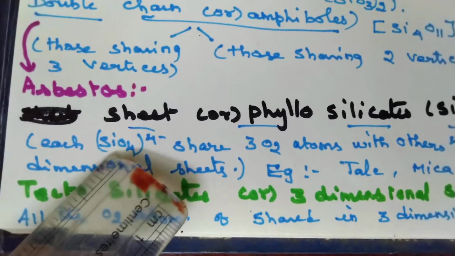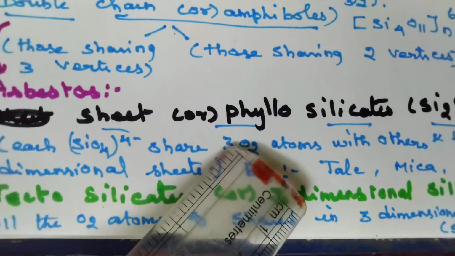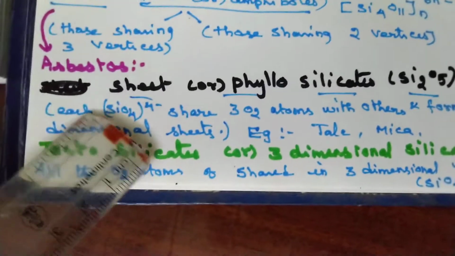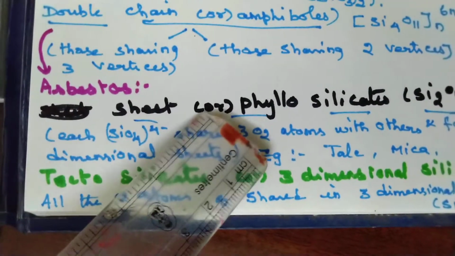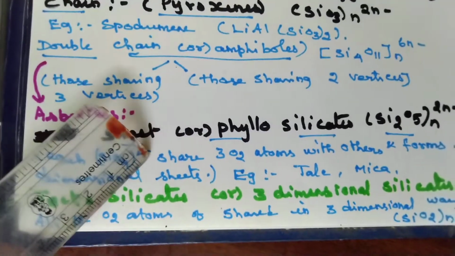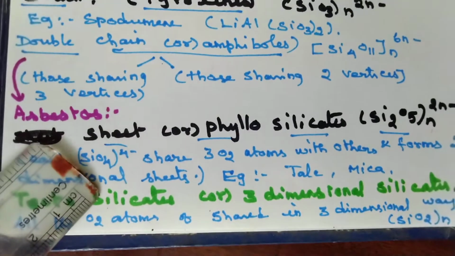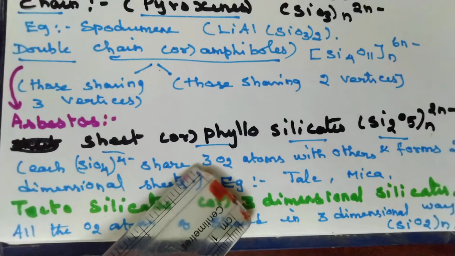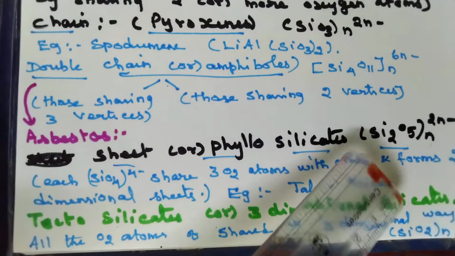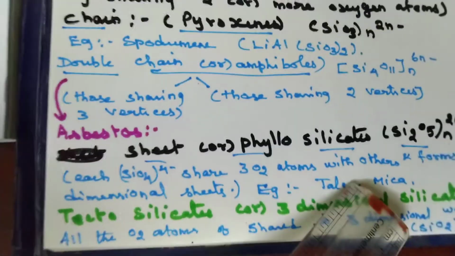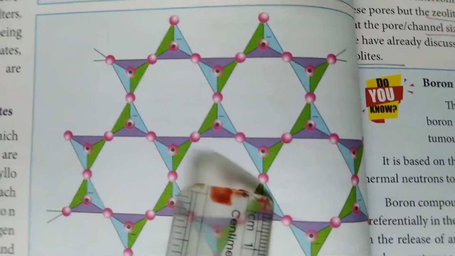Each silicate tetrahedral unit shares 3 of its oxygen atoms with others and forms 2-dimensional sheets. Example, talc and mica. Look at this structure. This is an example for the sheet silicates.